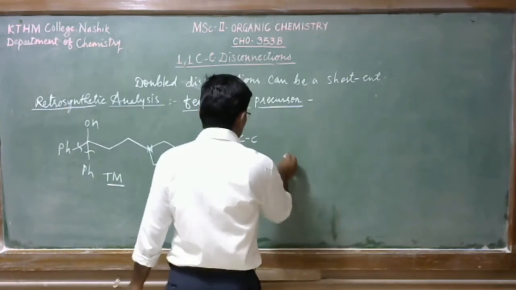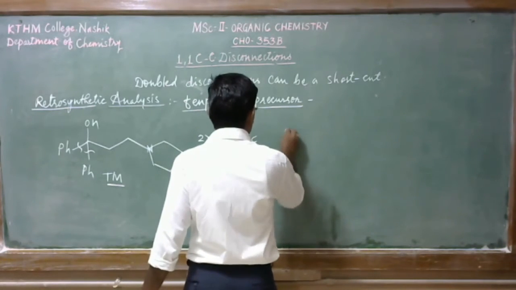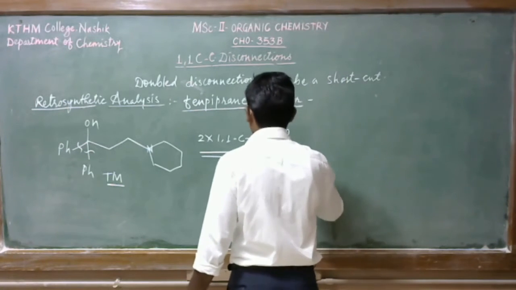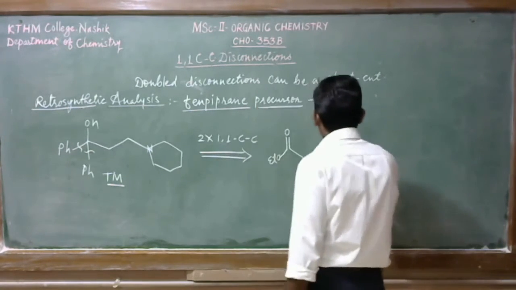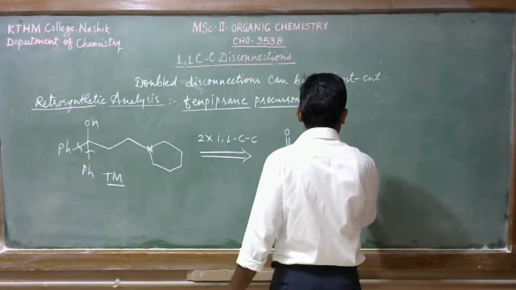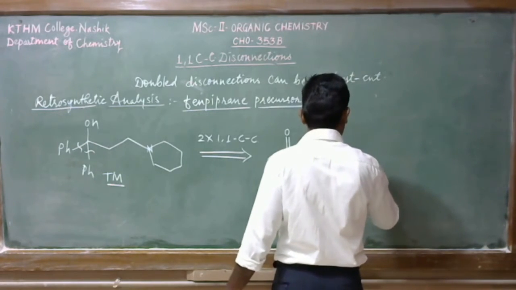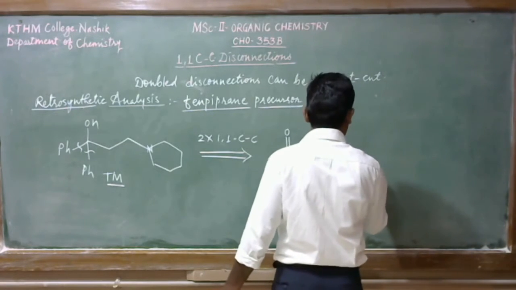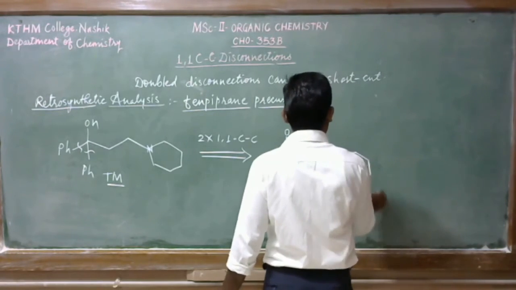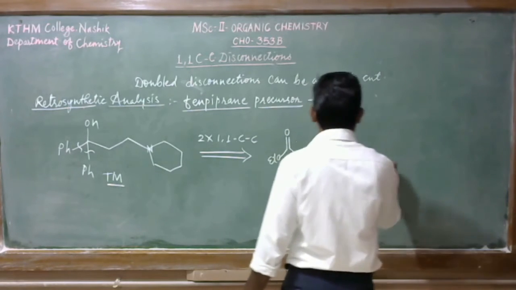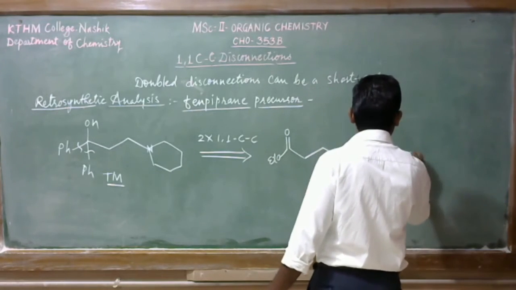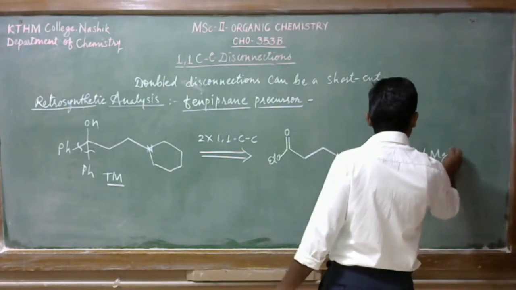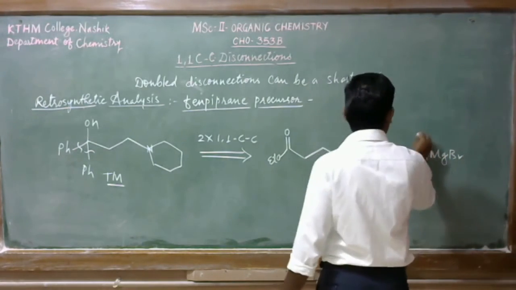So we would get this ester plus 2 moles of phenyl magnesium bromide Grignard reagent.